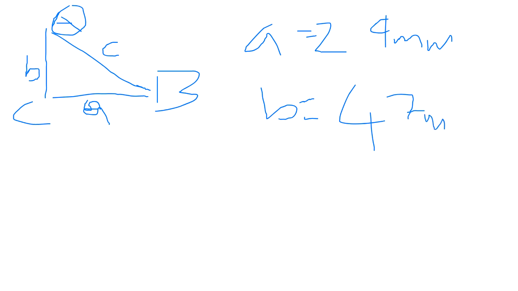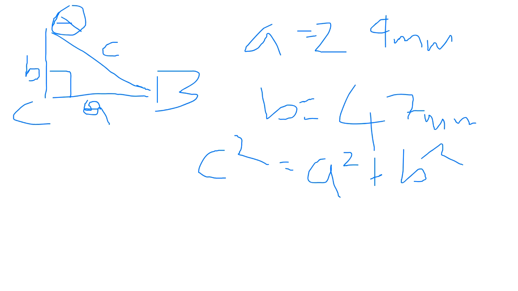So we can simply use Pythagoras theorem to find C. This side is 90 degrees, so we can say that C squared equals A squared plus B squared.